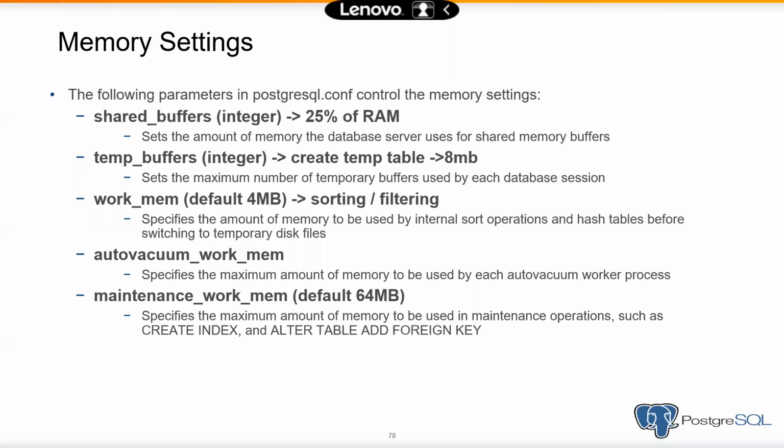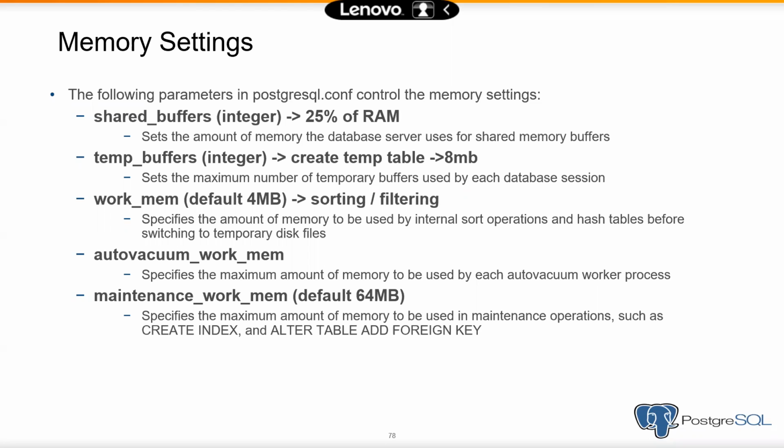Then we have work mem. I want to do sorting and filtering. I have a statement which has sorting and filtering: select star from the table, order by ID, limit 1000. So this order by is for the work mem.